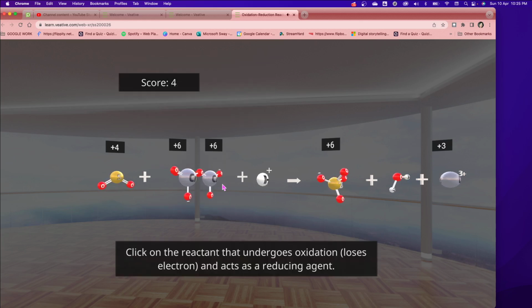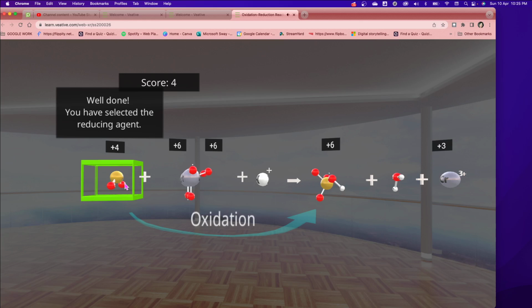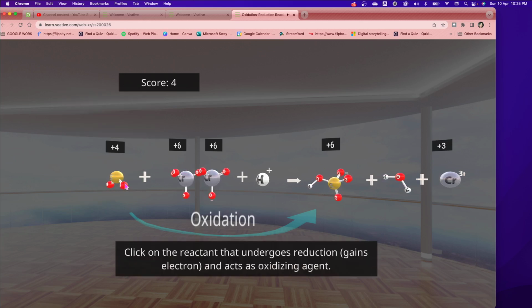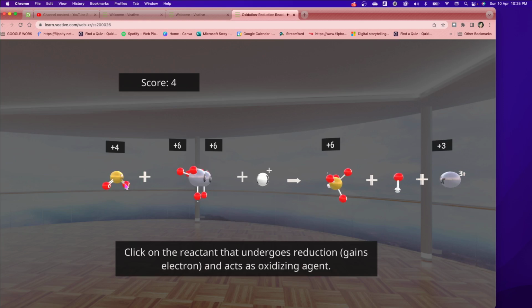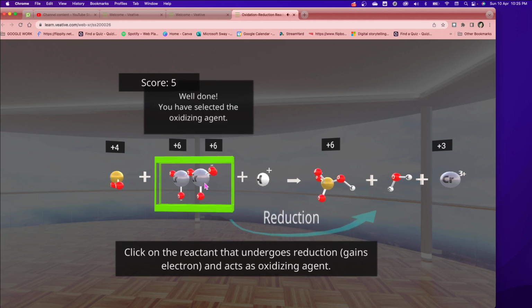Click on the reactant that undergoes oxidation and acts as a reducing agent. Well done! You have selected the reducing agent. Click on the reactant that undergoes reduction, gains electrons, and acts as an oxidizing agent. Well done! You have selected the oxidizing agent.